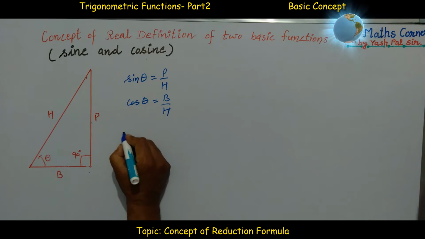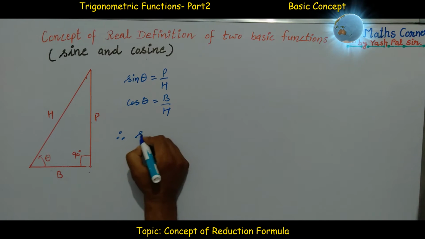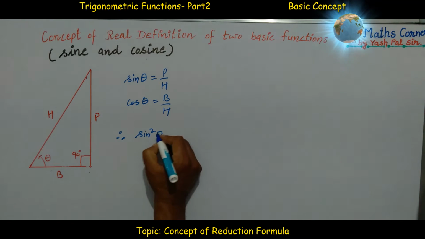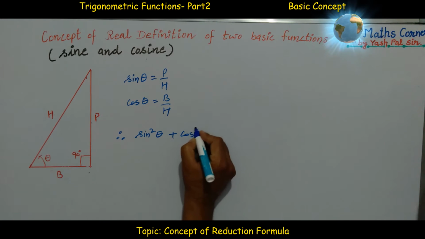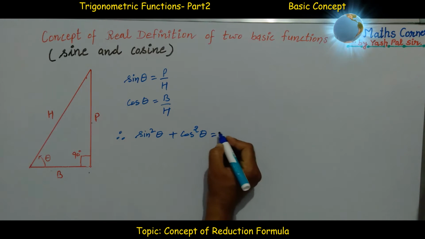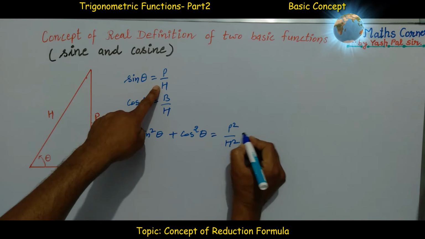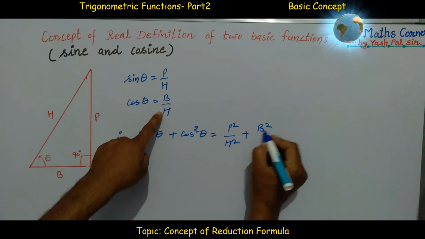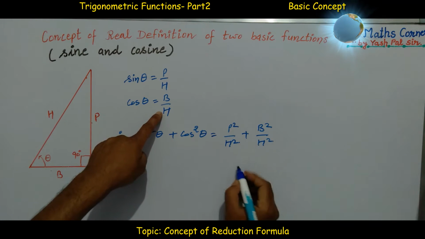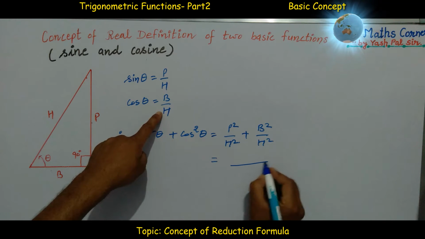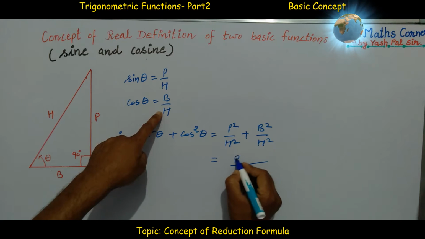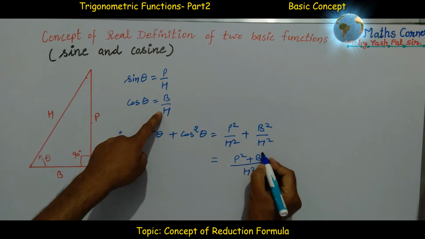Now what we can say here, sine square theta plus cos square theta, that is right hand side value, p square divide h square plus b square upon h square. h square is the LCM, p square plus b square.